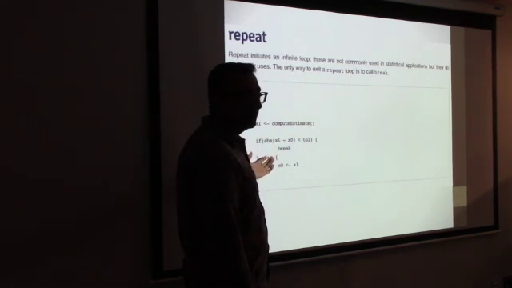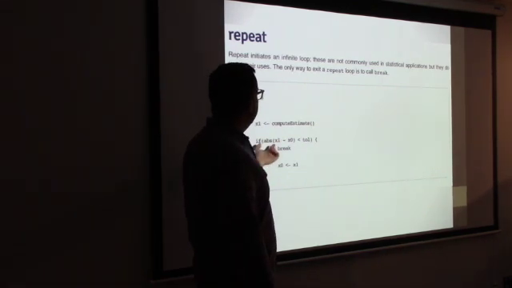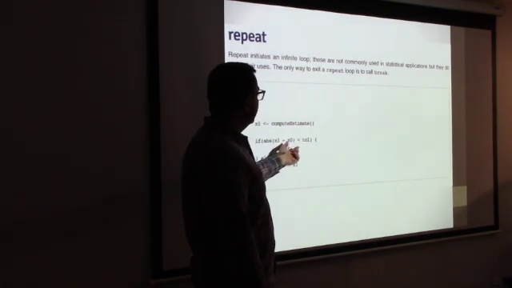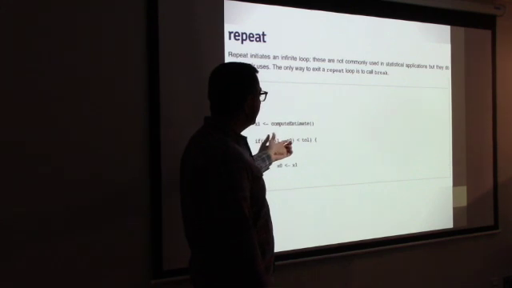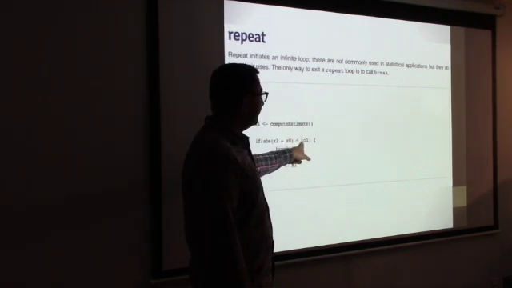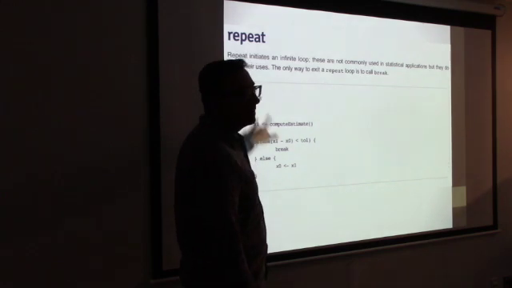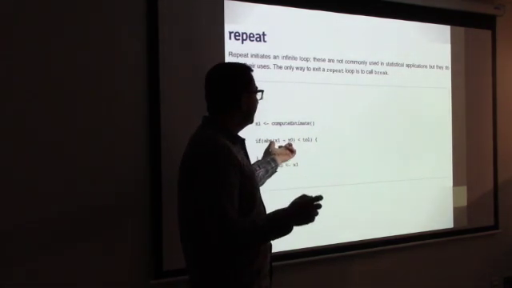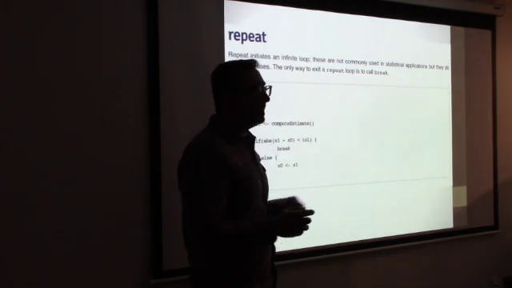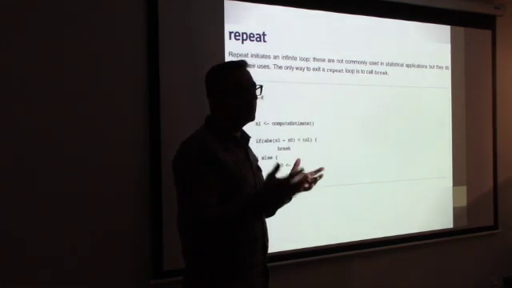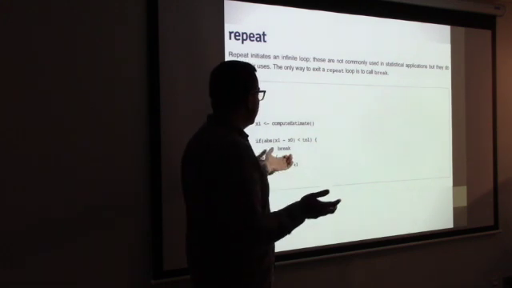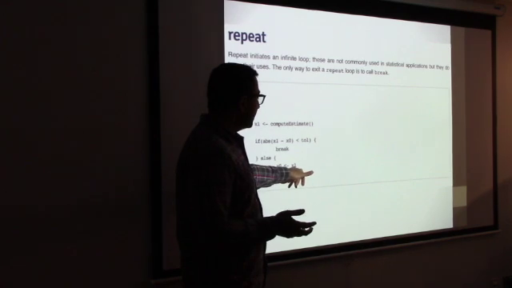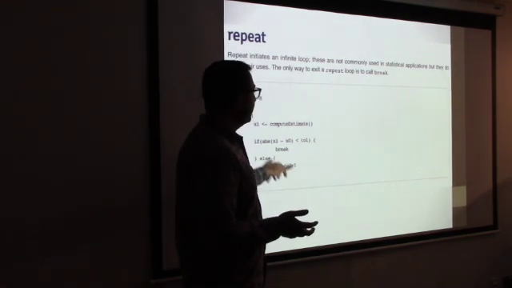What we say is if x1 minus x0, so the new estimate minus the old estimate, the absolute value of that, is less than 10 to the power minus 8, that means we've come up with a very good estimate. Then you can break out of the loop. Otherwise, assign the new estimate to the old estimate and repeat.